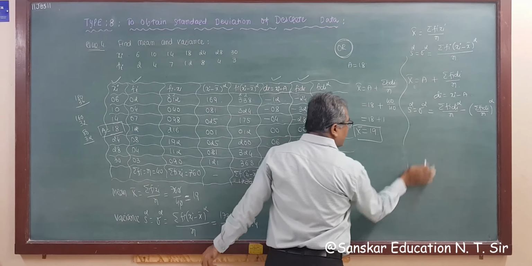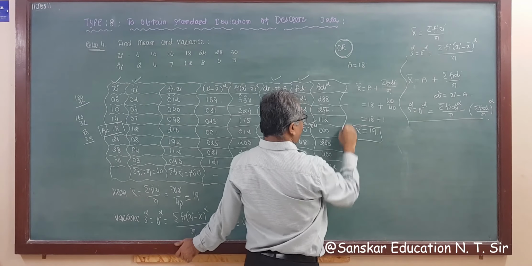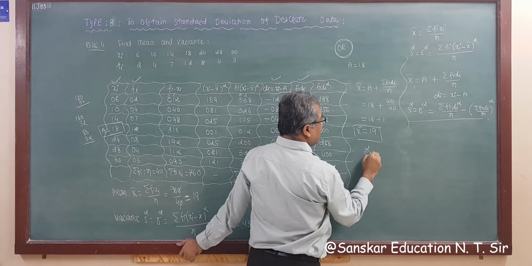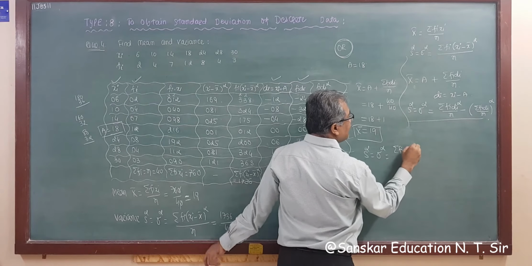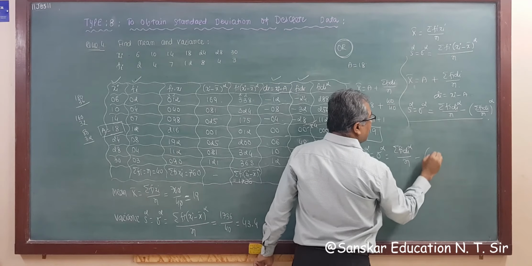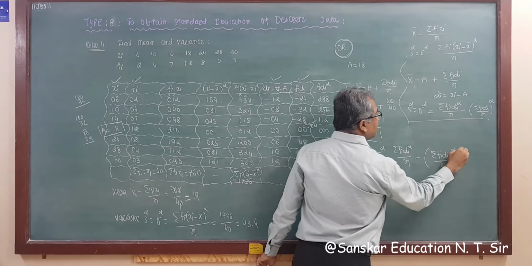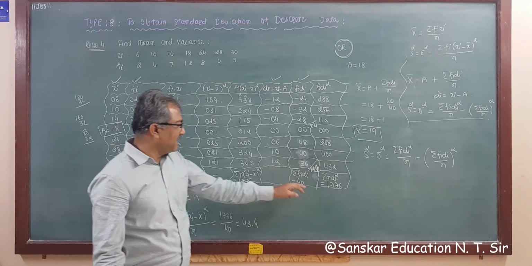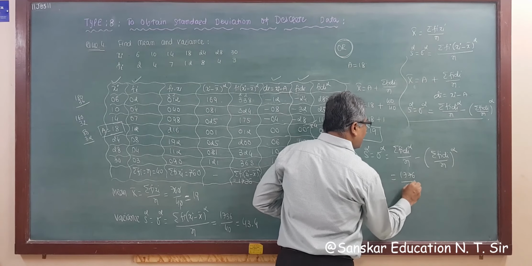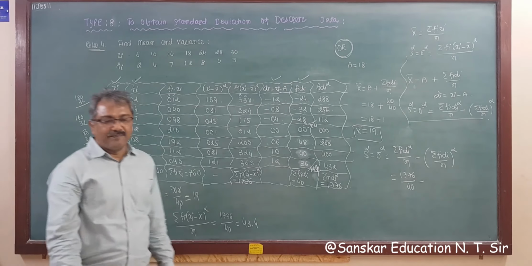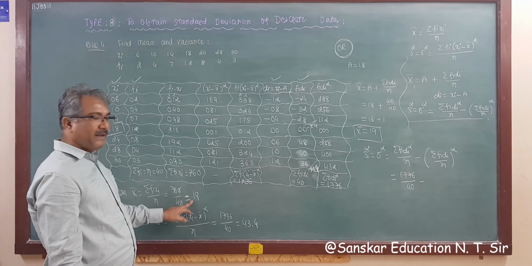So applying this formula for variance, S square, or sigma square, is equal to sigma Fi di square upon n minus sigma Fi di upon n whole square. So sigma Fi di square is 1776. So 1776 divided by 40 minus x bar, x bar is 19, right?